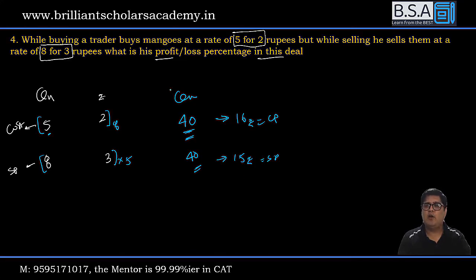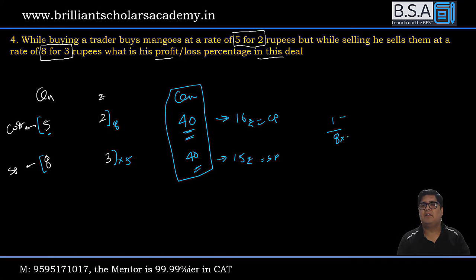By making the quantity equal, you have made sure everything that was purchased has been sold out. So I can see there is a loss of 1 rupee on the cost of 16. Do you remember 1 by 8 is 12.5%?